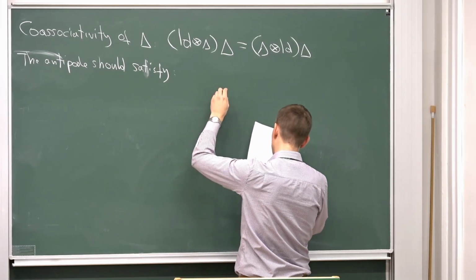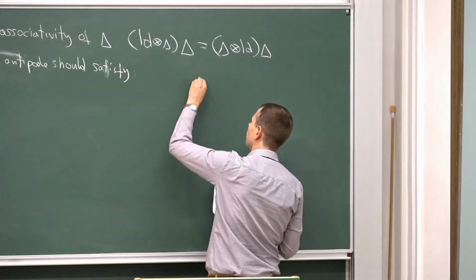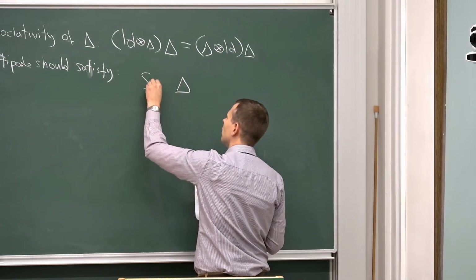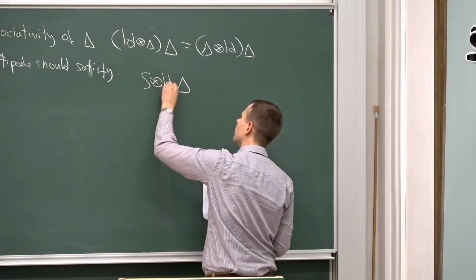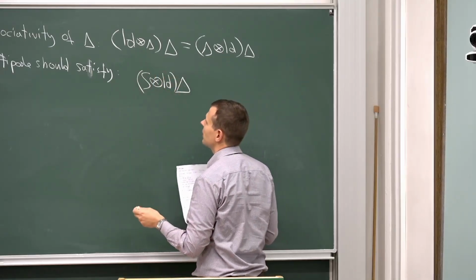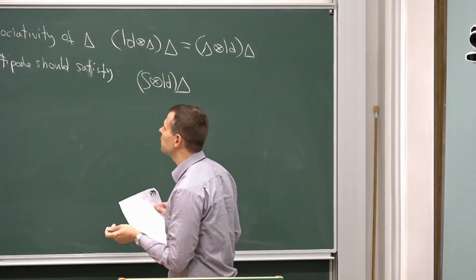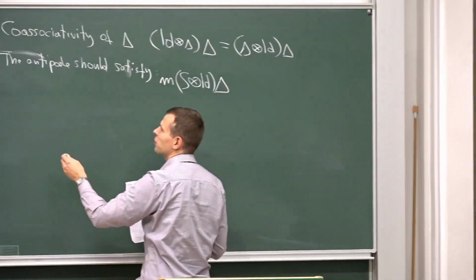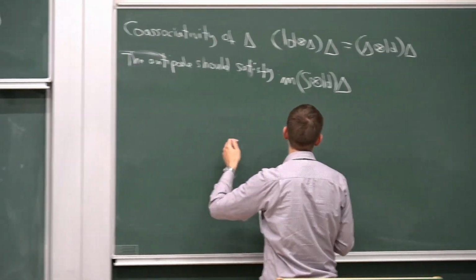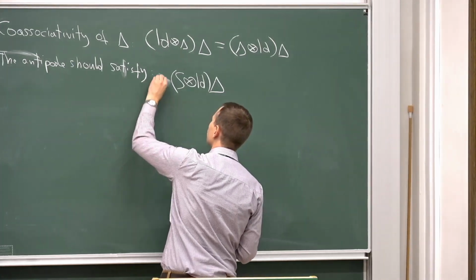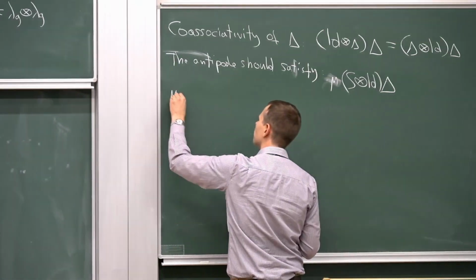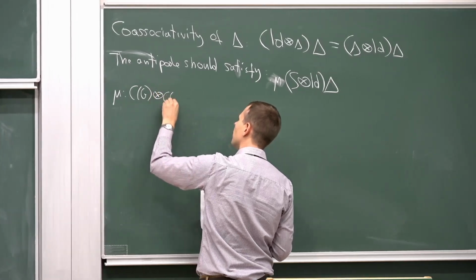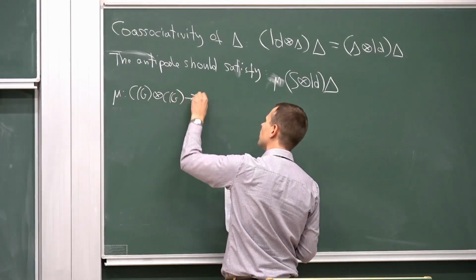If we do first multiplication, or co-multiplication, then it's the same. Okay, so this m will be the multiplication on our algebra now. Yeah, that's not good. Maybe I write mu. So mu is the multiplication map on our algebra.